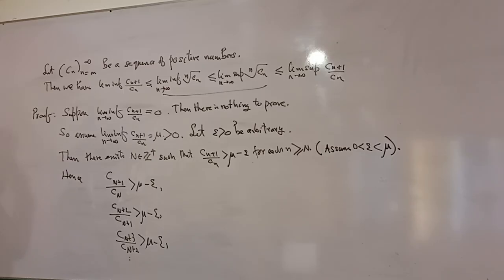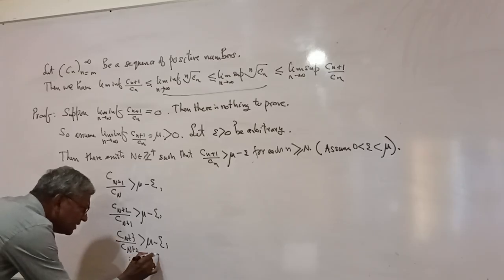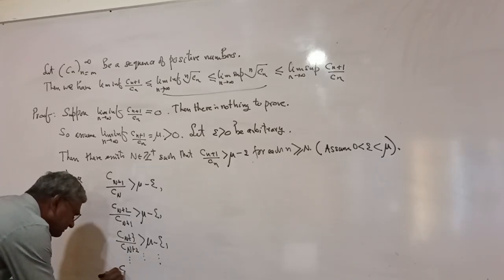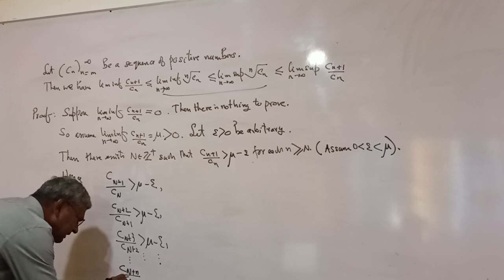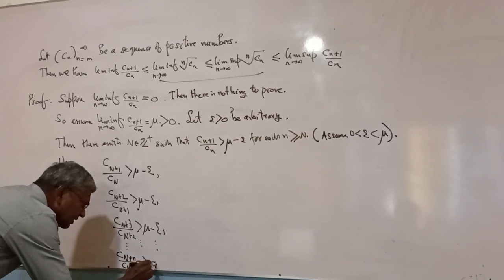This is my practice. Okay, so C capital N plus n divided by C capital N plus n minus 1 is greater than mu minus epsilon.